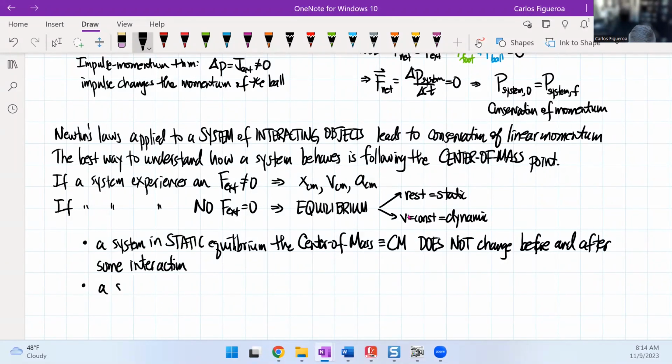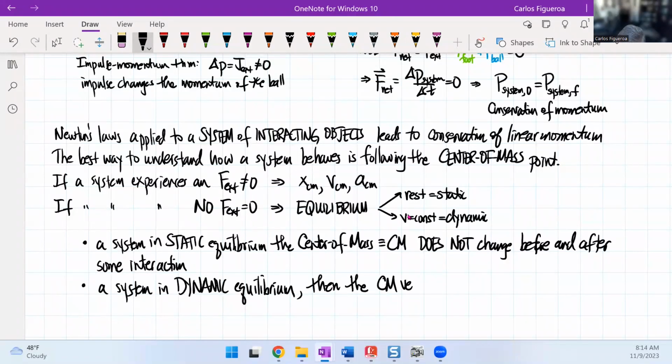If I have a system in dynamic equilibrium, then the center of mass velocity does not change before or after some interaction.